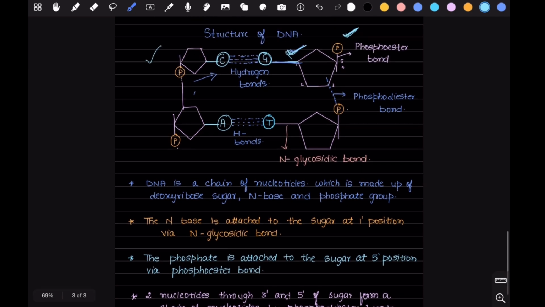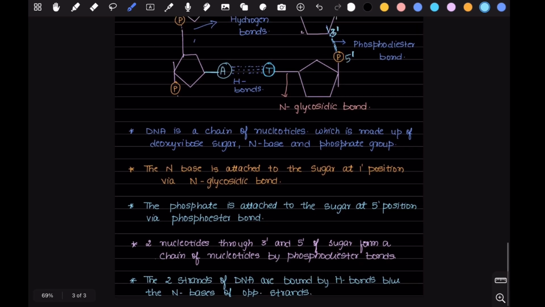This is the fifth position of one nucleotide, this is the third position of another nucleotide, and they make a bond between the two nucleotides. The bond between them is called a phosphodiester bond, attaching the two nucleotides and forming a chain.